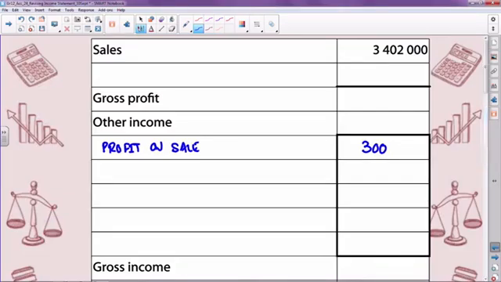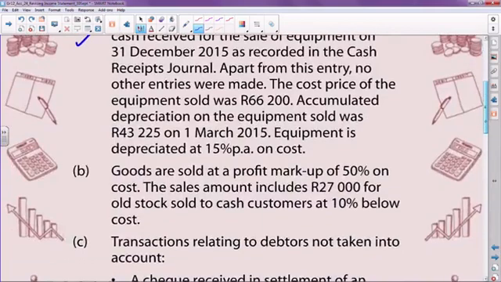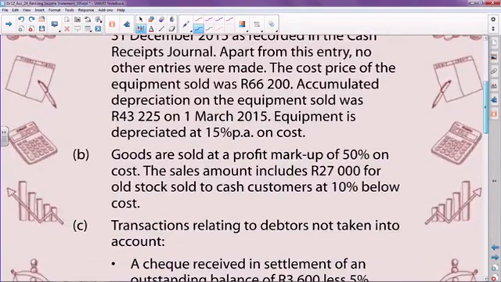Now, what do I know? I'm told that goods are sold at a profit markup of 50% on cost. The sales amount includes 27,000 Rand for old stock sold to cash customers at 10% below the cost.